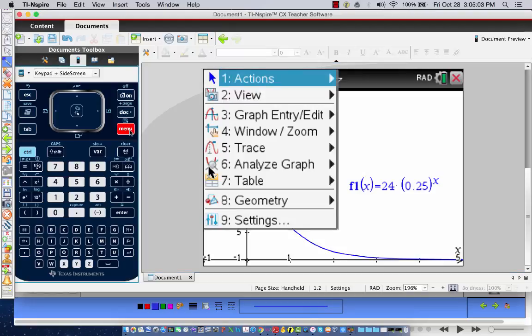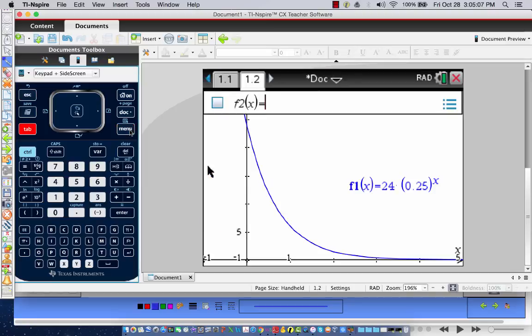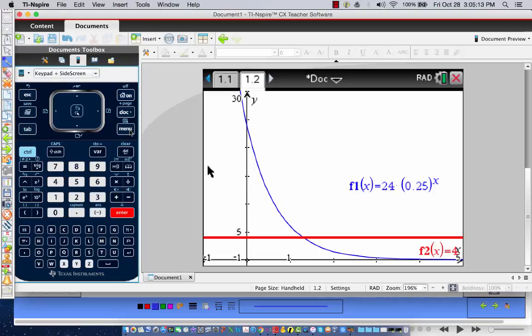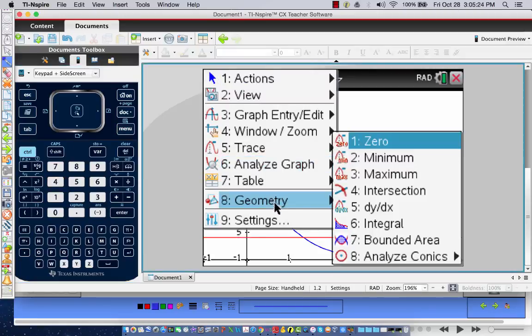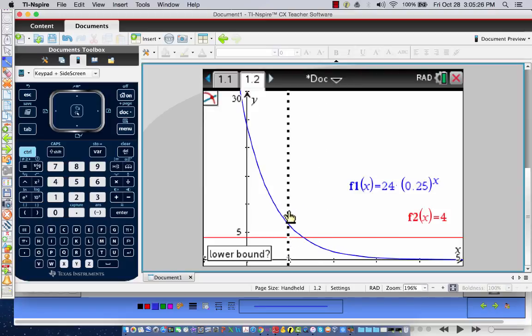So to find 4 amps, I'm going to go ahead and plot y equals 4, and then I can just find that point of intersection, because the x-coordinate will be the time it takes to reach 4 amps. So I'll go Menu, Analyze Graph, Intersection to the left, to the right, and I get 1.29 seconds.